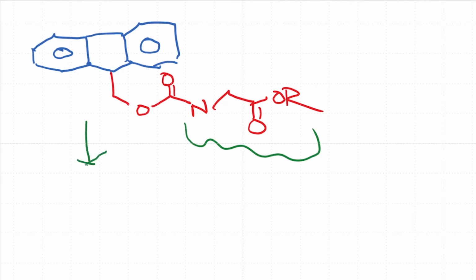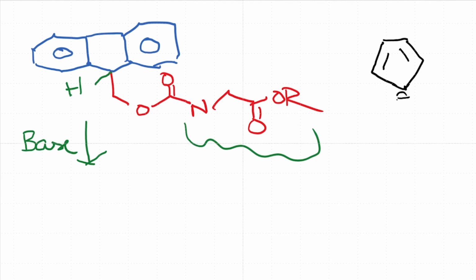So when this compound is exposed to a base, what one can understand is that this hydrogen is actually quite acidic, and you can think about the reason why. If you take cyclopentadiene and make the cyclopentadienyl anion, the cyclopentadienyl anion is quite stable, which is attributed to the aromaticity of this system.